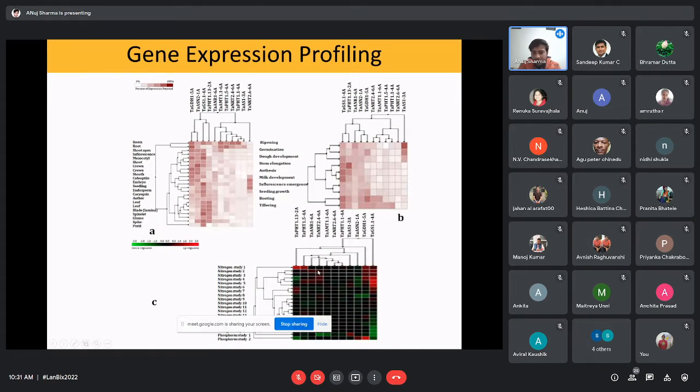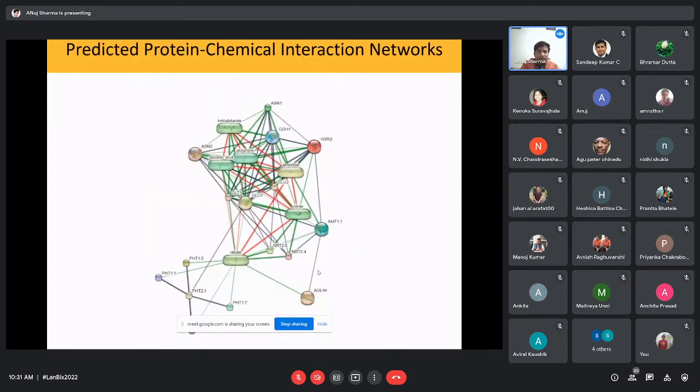Based on this we filtered out some candidate genes and validated them using qRT-PCR in the wet lab. These are the genes. We also predicted the protein-chemical interaction network to find out the interaction between small chemical molecules and these transporters.